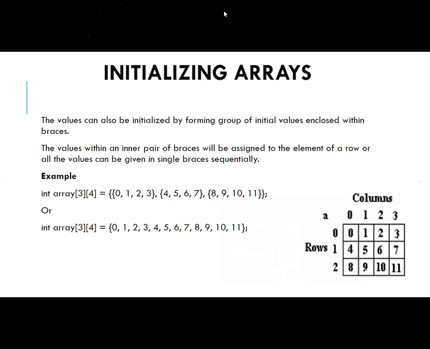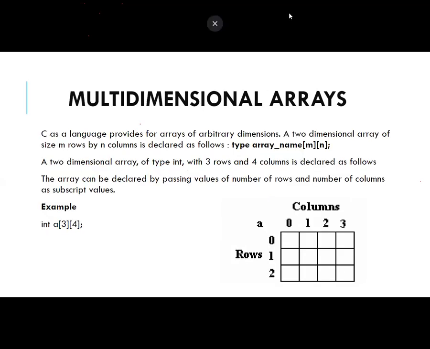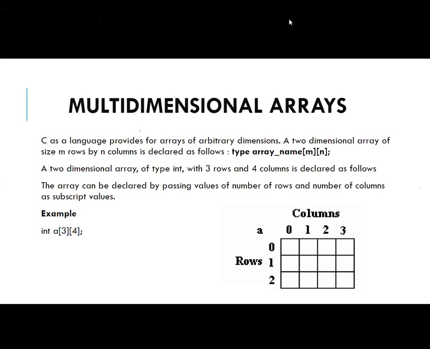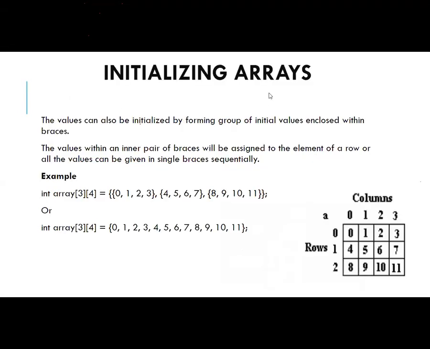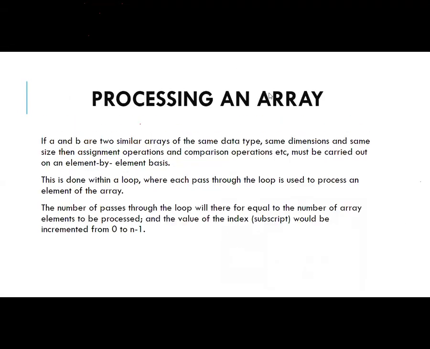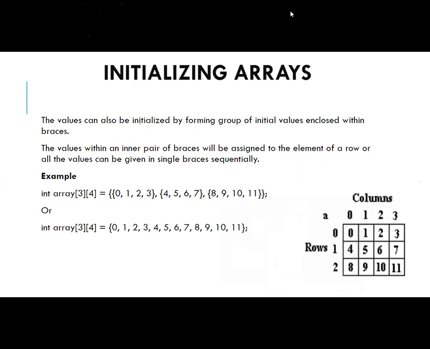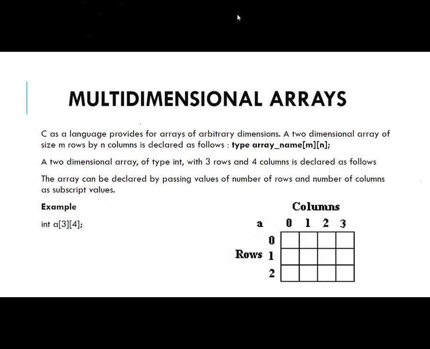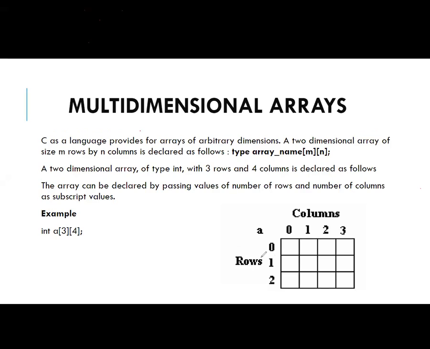A 2-dimensional array means I'm having rows and columns.